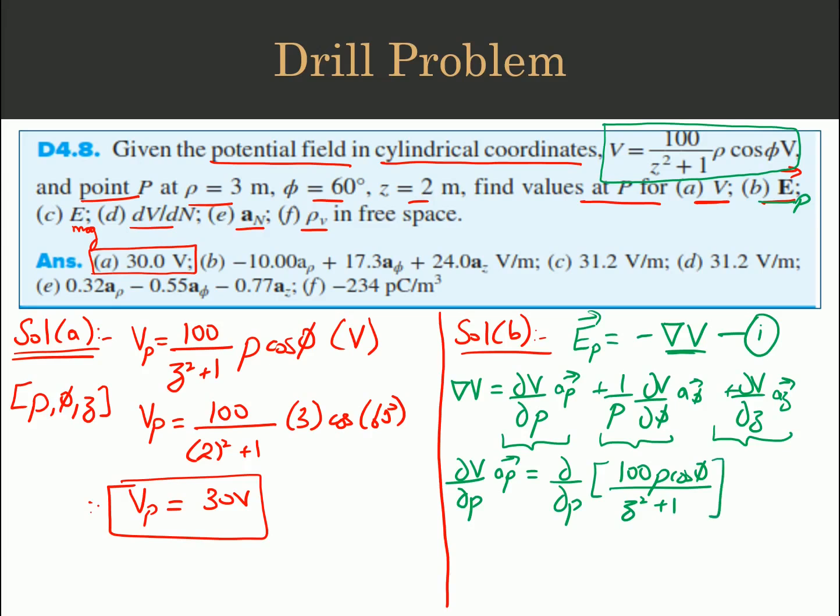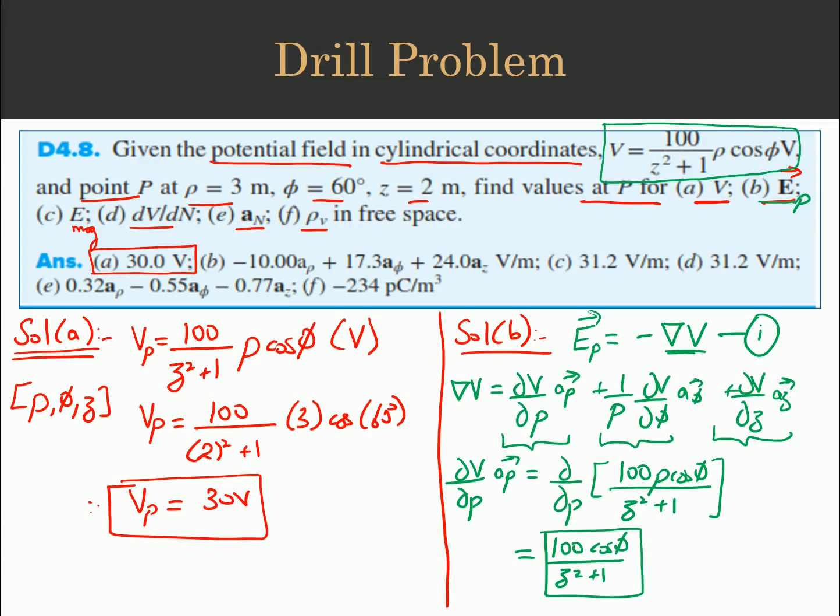Since we are just taking the derivative with respect to rho, I can bring out the coefficients, and we will be left with 100 and cos of phi divided by z squared plus 1, and the partial derivative of rho is basically 1. So this is your answer: 100 cos phi divided by z squared plus 1.